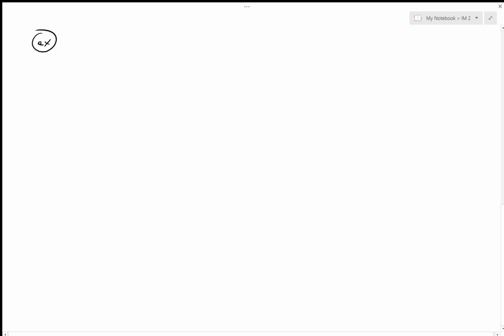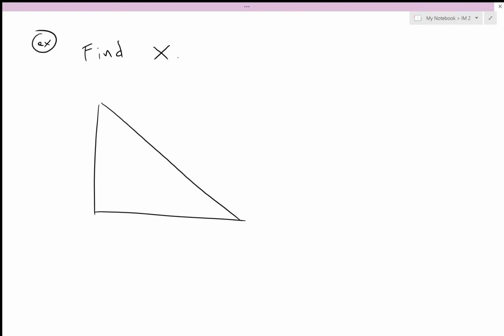So for example, these problems are going to tell us to find x, or solve for x. And they're going to give us a picture here. We've got ourselves a right triangle. They give us over here, this is a 35-degree angle.